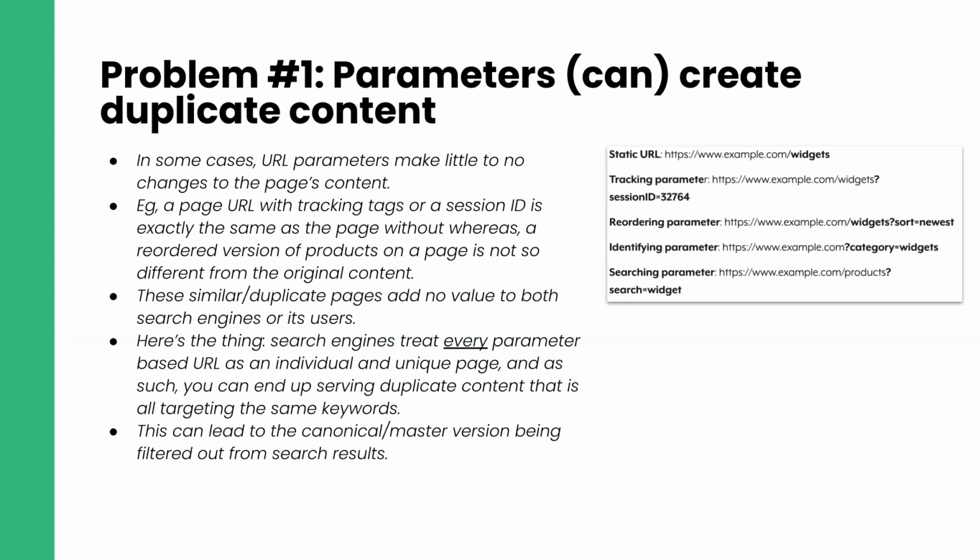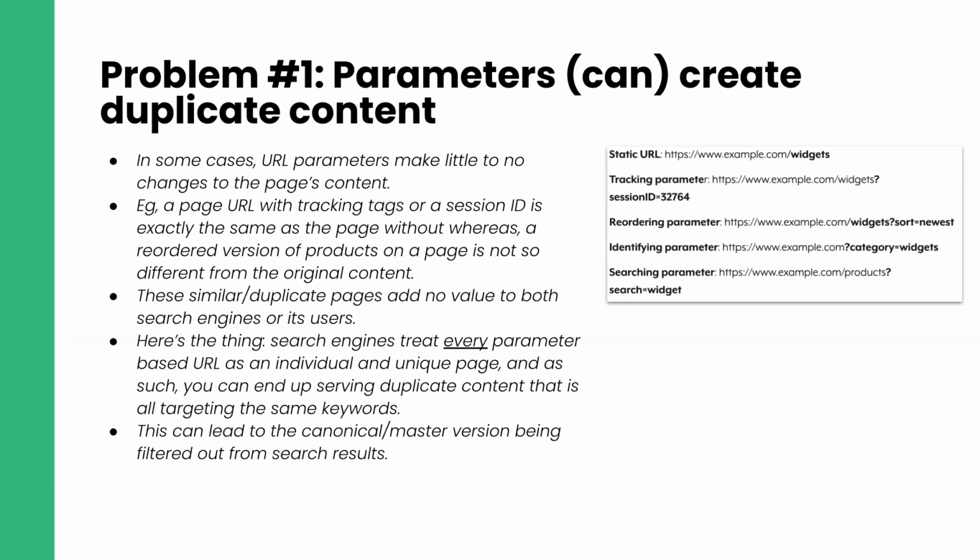For example, a page URL with tracking tags or a session tag is exactly the same in terms of layout and information, content, text, and images, whereas a reordered version of a products page is not so different because now you've reshuffled things on the page, but it's still very similar. And these similar or duplicate pages add no value to both search engines and users.